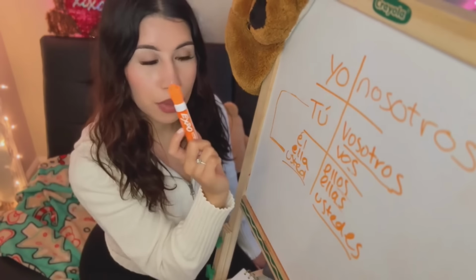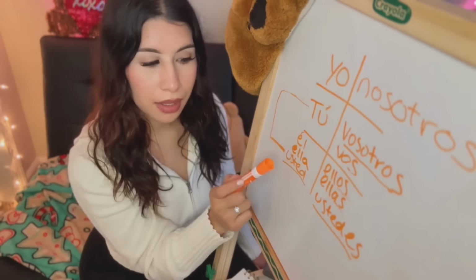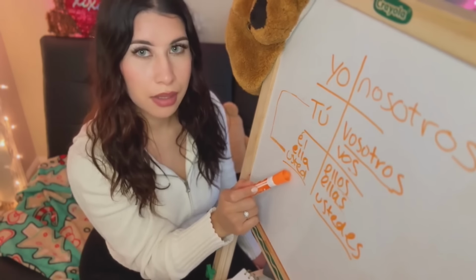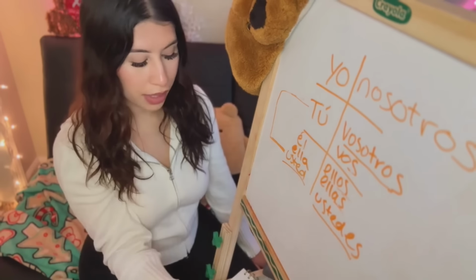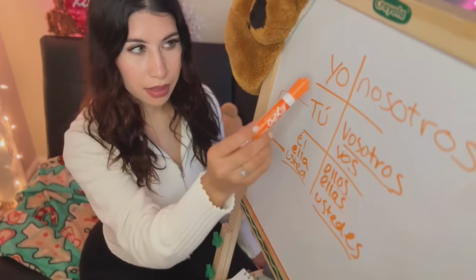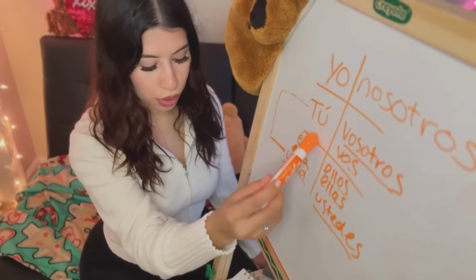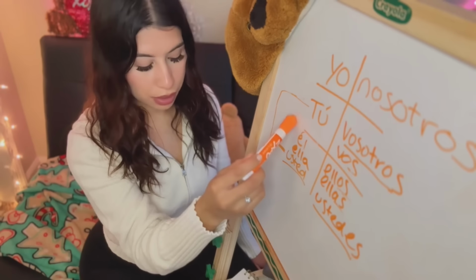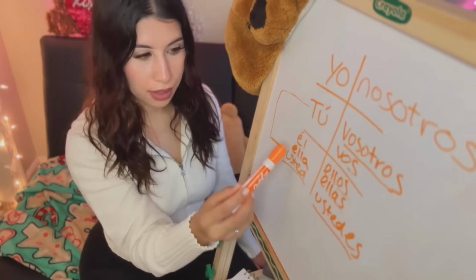Yo, tú, él, ella, usted. Okay, so that is in English. Yo is I, tú is you, él, what's él? He, her.